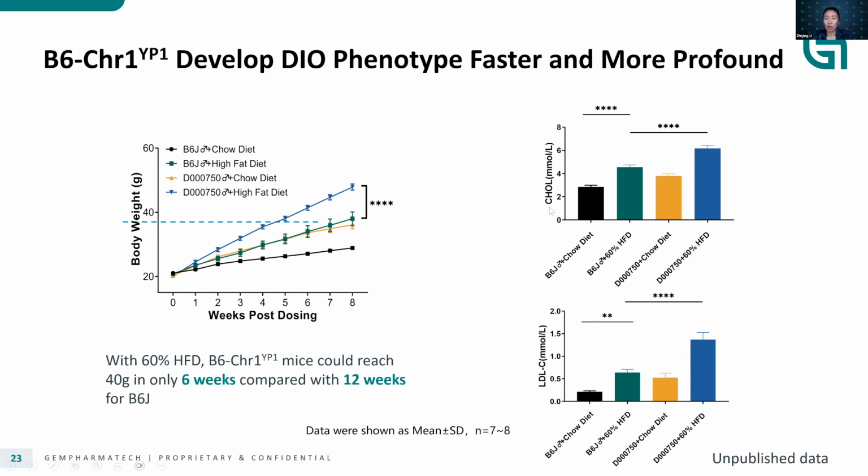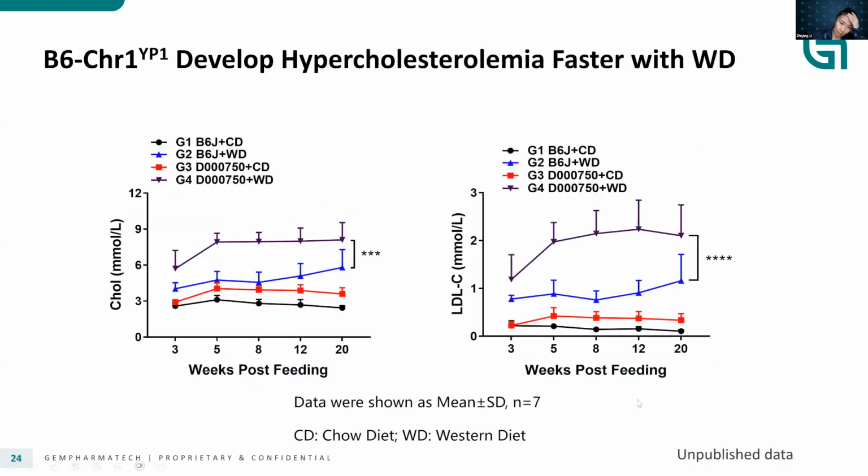Accompanying that is increased cholesterol and increased LDL. These show the time course: as you can see from the downward triangles, when they are put on a high-fat diet, they start to show much higher cholesterol and much higher LDL in about 3 weeks. This timeline is so much faster than a traditional DIO protocol.